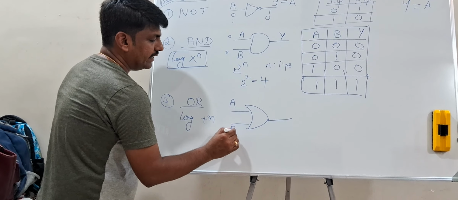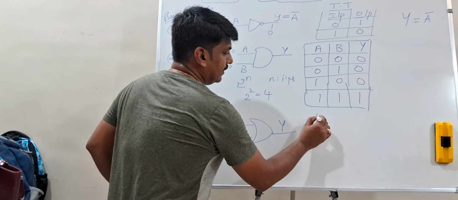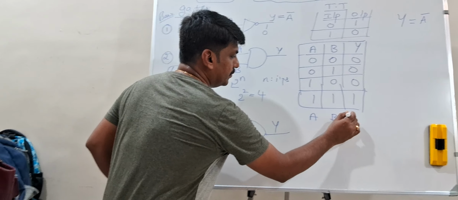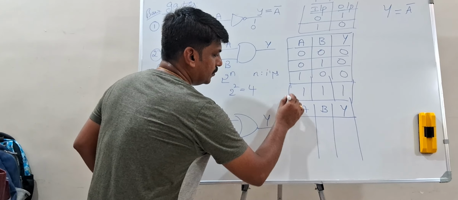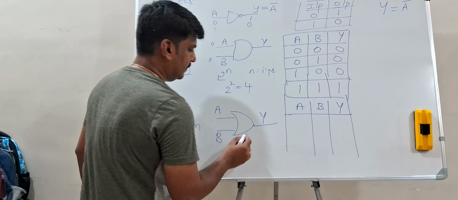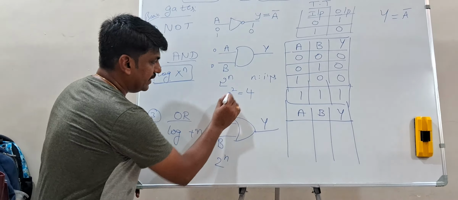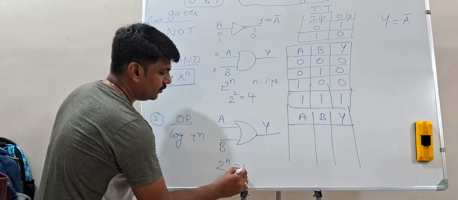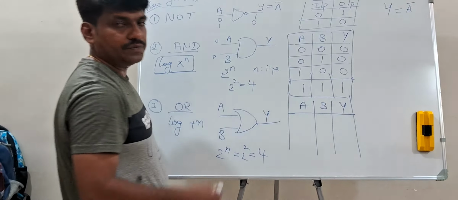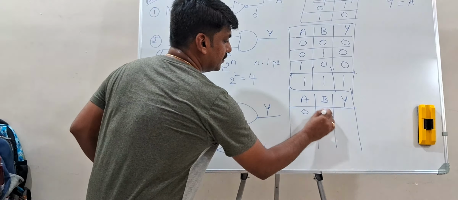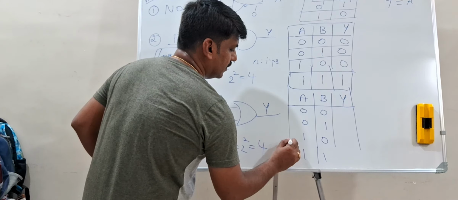Inputs are 2, A and B, and the output is Y. Now the truth table, how many inputs? 2 inputs, A and B. How many outputs? 1. In the same format, how many possible combinations of zeros and ones will we get? 4. The first possible combination is 0 0, second is 0 1, third is 1 0, fourth is 1 1.